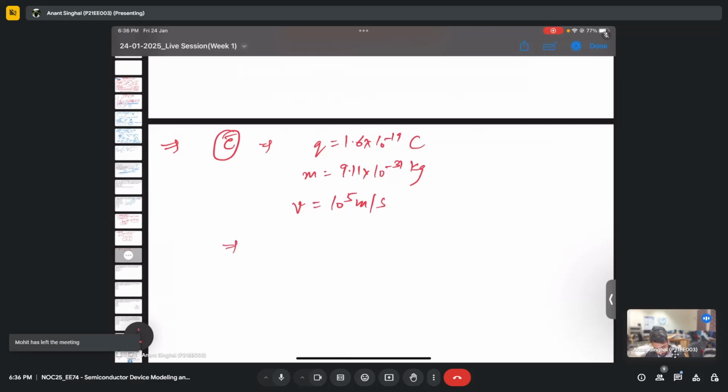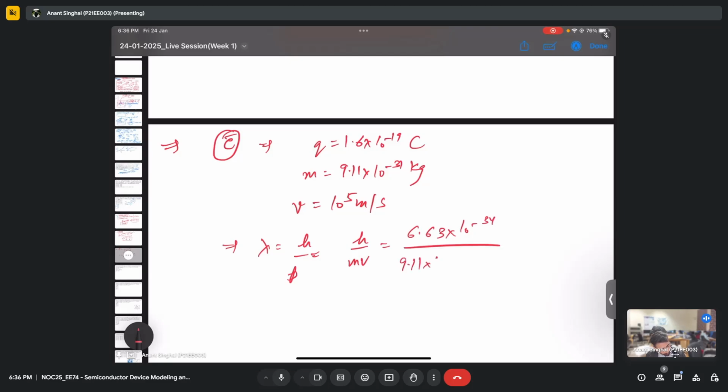So if I try to calculate the wavelength now, which is h by p, which is h by mv. Here h is nothing but Planck's constant, 6.63 times 10 to the power minus 34. Mass, I can write 9.11 times 10 to the power minus 31. And velocity, I have used 10 to the power 5. So the wavelength that will come out is around 7.28 times 10 to the power minus 9.